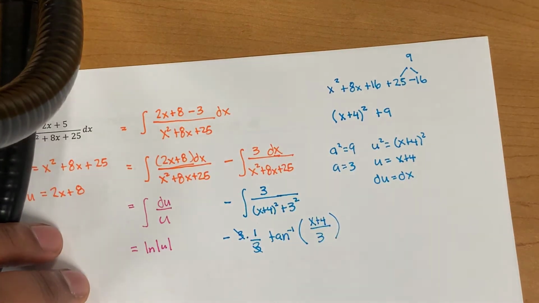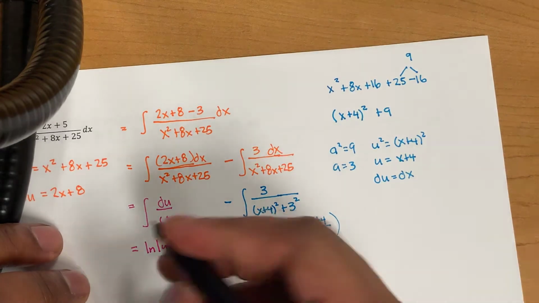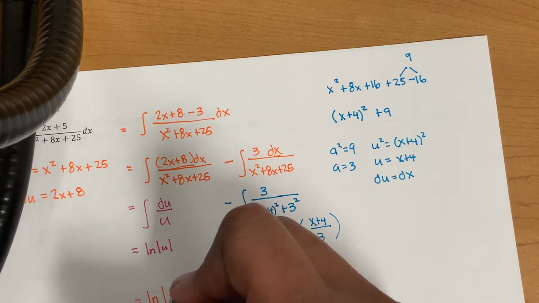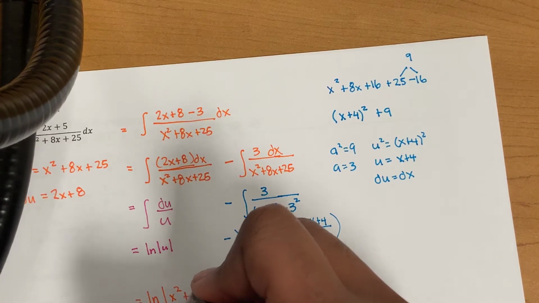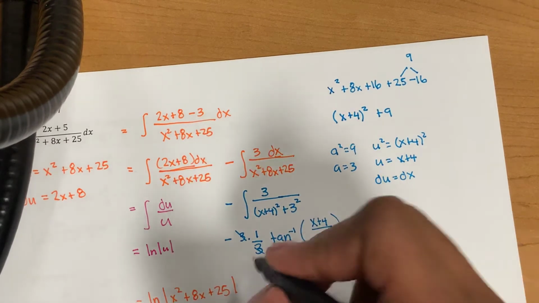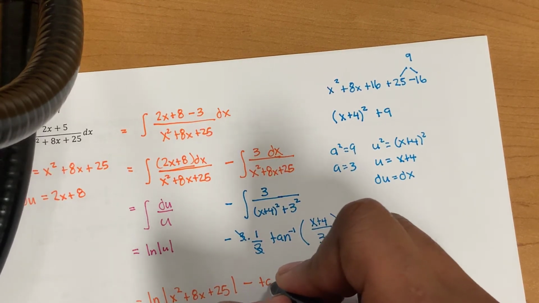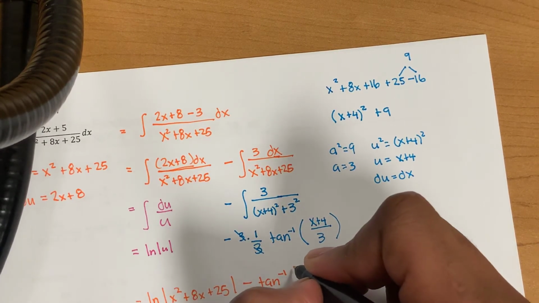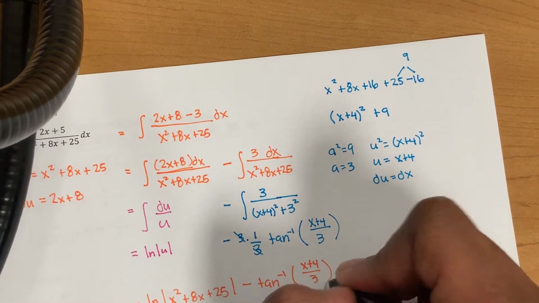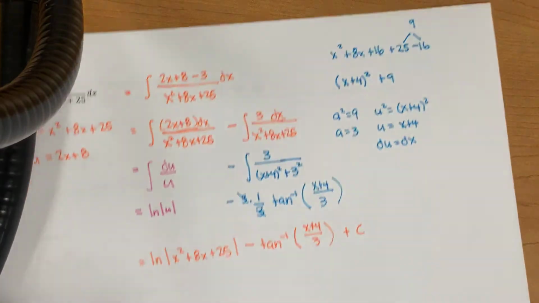So this entire integral is the ln of x squared plus 8x plus 25 minus tangent inverse of x plus 4 over 3 plus c.